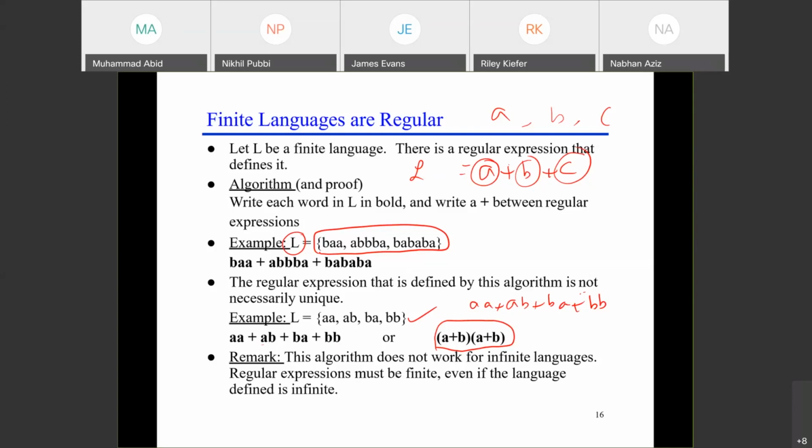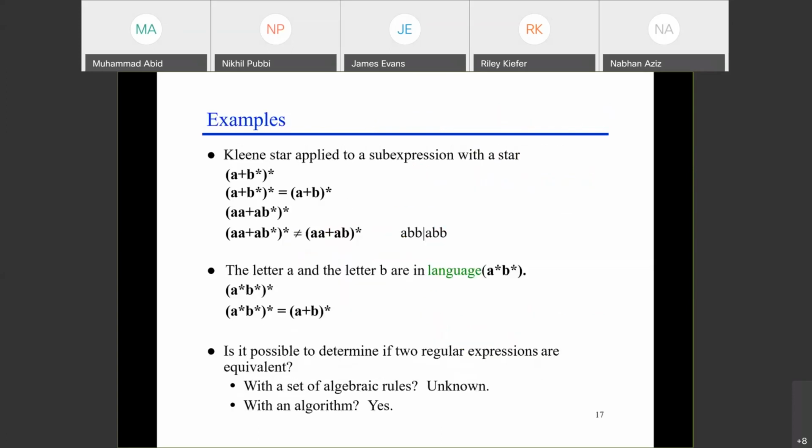Now let's see this example: Kleene star applied to a sub-expression with a star. We have (a plus b star) whole star. It says that this is equal to (a plus b) whole star.